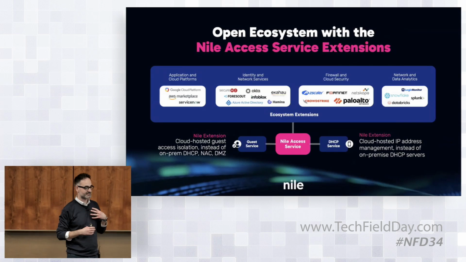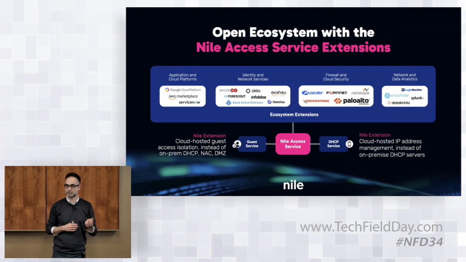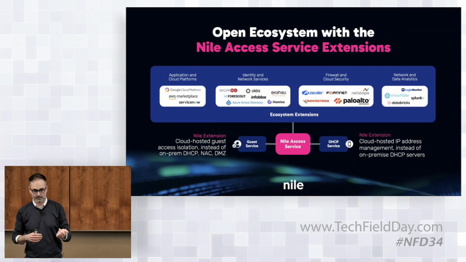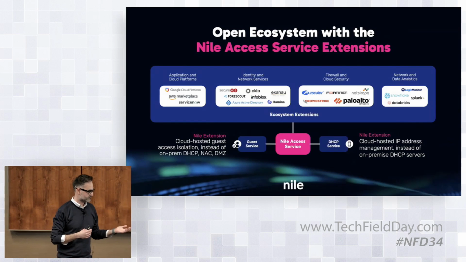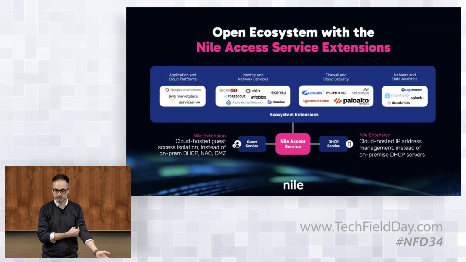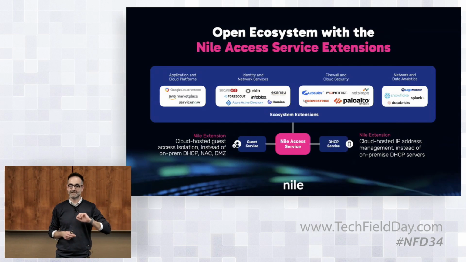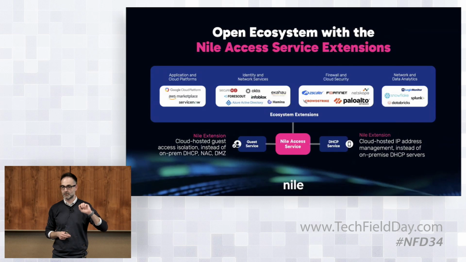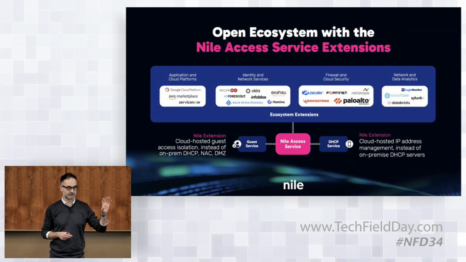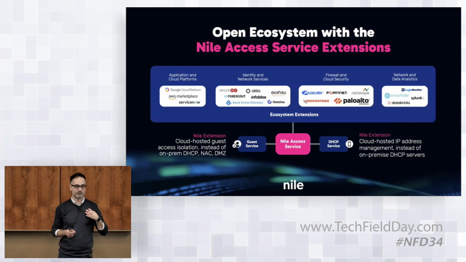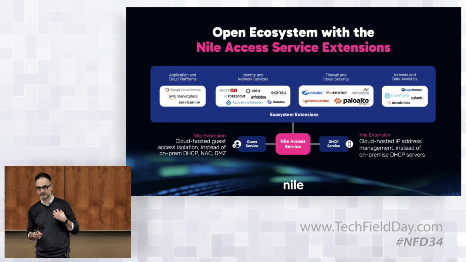In order to test this theory, we built 2 extensions ourselves. One of them is guest service. As a guest user, if you're using Nile Access Service, you could click a button and say, our points of presence, Nile points of presence, host all guest traffic. From switches and APs, tunnel everything to our POP. The policies are our responsibility.